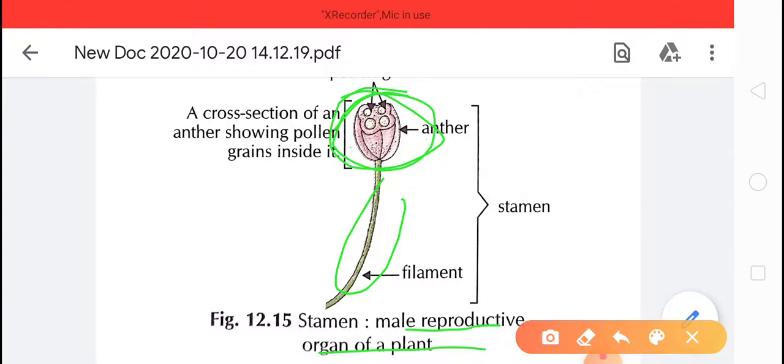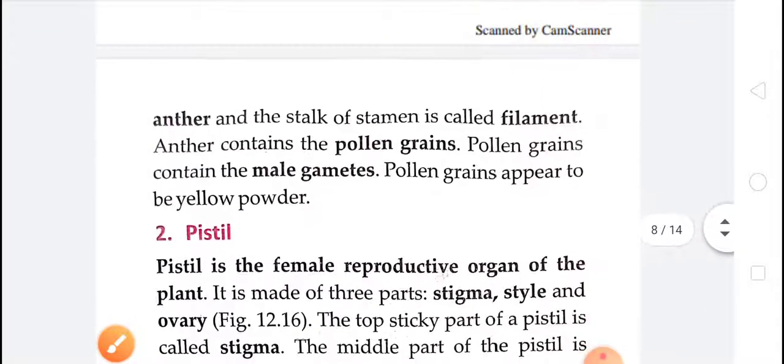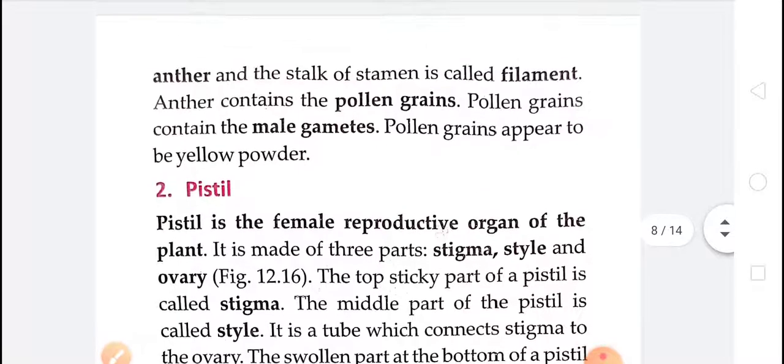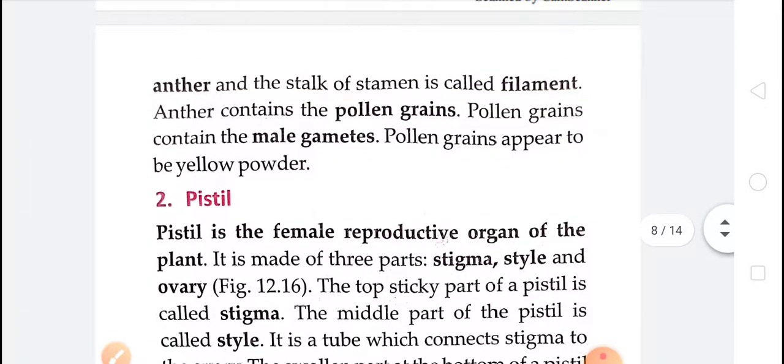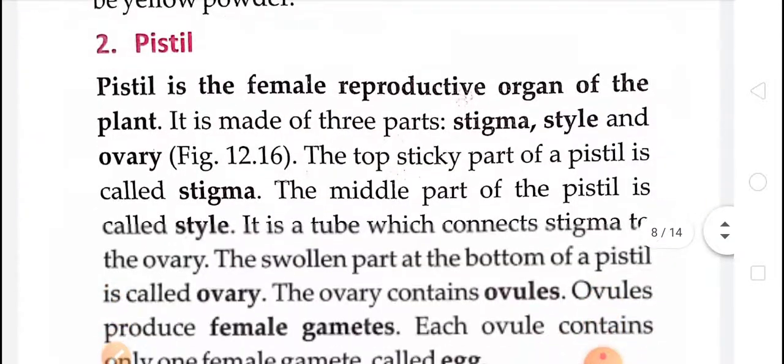So this is what we have discussed about stamen. Stamen contains pollen grain, and pollen grain contains the male gametes. Clear?